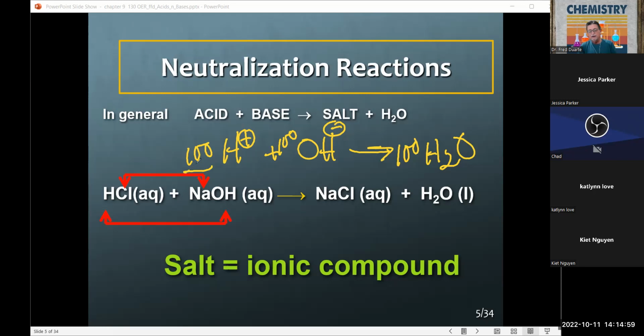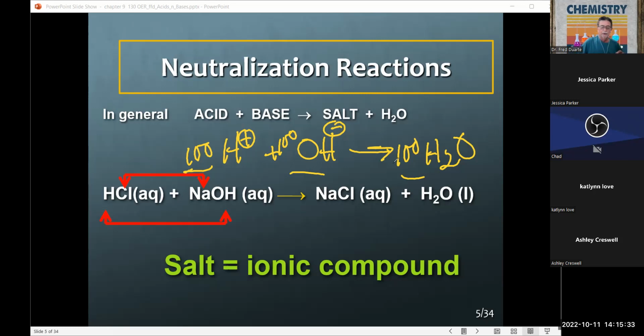If I have 10 billion protons, then I need 10 billion hydroxides to give me 10 billion water molecules. It's a 1-to-1 relationship. And that, ladies and gentlemen, is an introduction to a chapter down the road where we talk about stoichiometry. How many of each reactant do we need to react to give us a product? In this case, that stoichiometry, that relationship, is a 1-to-1, okay?